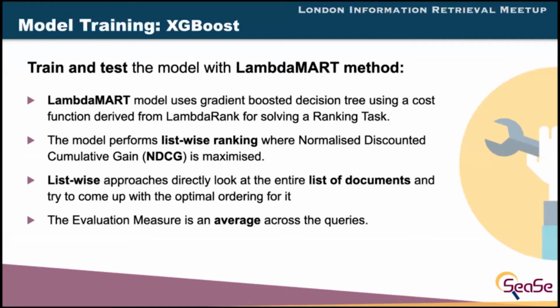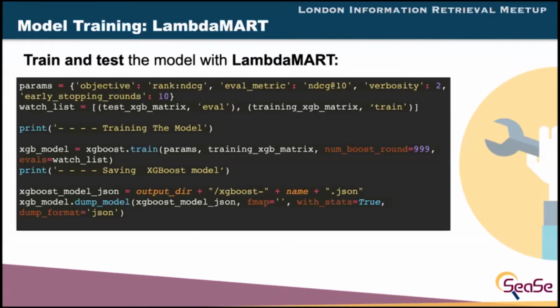The evaluation measure is then an average across the queries. First of all, the NDCG is calculated for each query, and then the model calculates the mean across the queries to obtain one final result. Here is the code example to show how to implement the lambda-mart method.